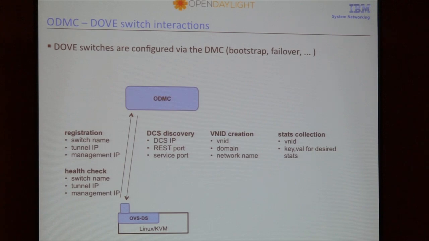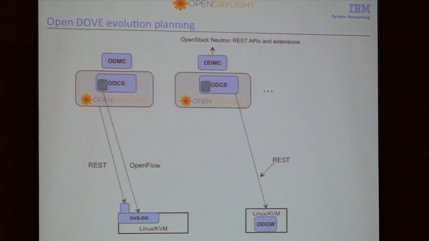You can specify what statistics you want using key value pairs, and then the agent will push those statistics back to the DMC, who can then expose them to the user. We're still defining exactly what those stats will be, but your standard stuff with traffic, bandwidth, loss, and that kind of stuff.